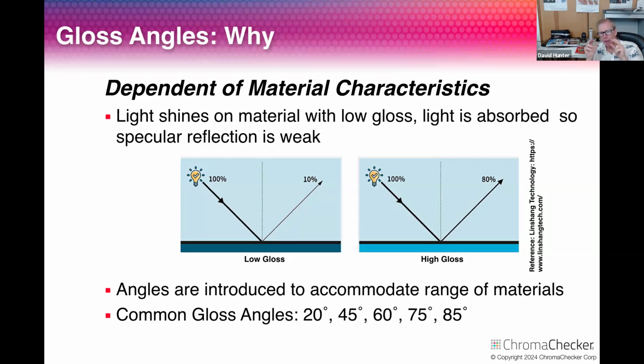Because of this nature and the law of light reflection, different angles work better for different types of objects. Common gloss angles in the industry are 20 degrees, 45, 60, 75, and 85 degrees.